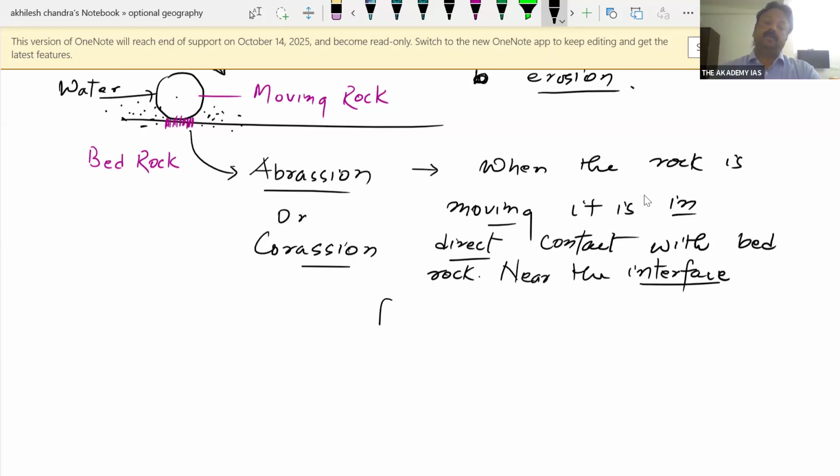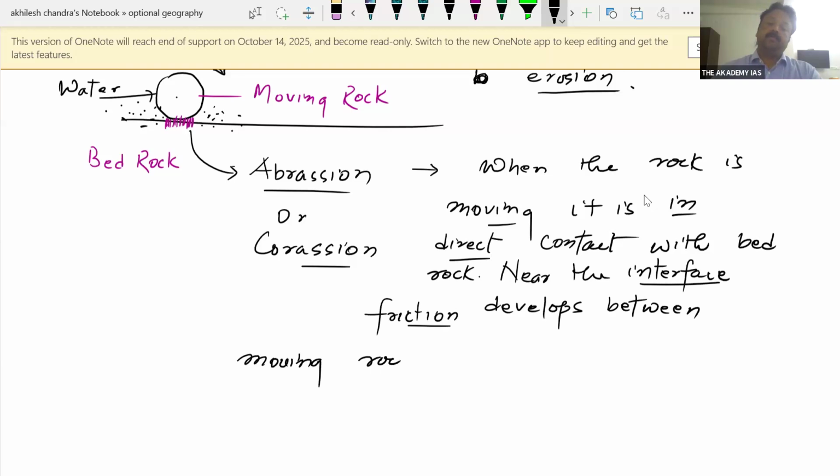Friction develops between moving rock and bedrock that results in disintegration.